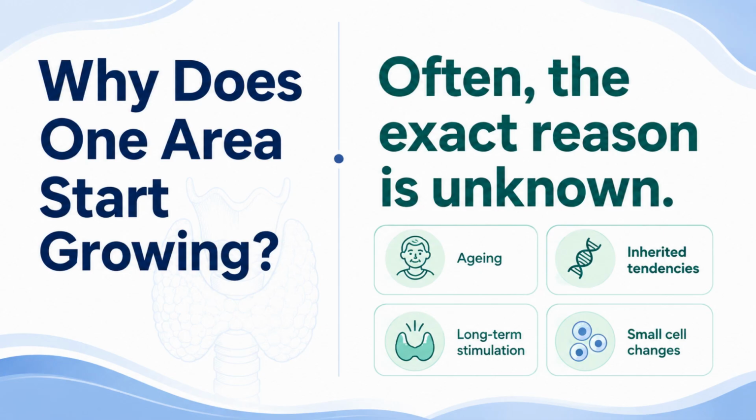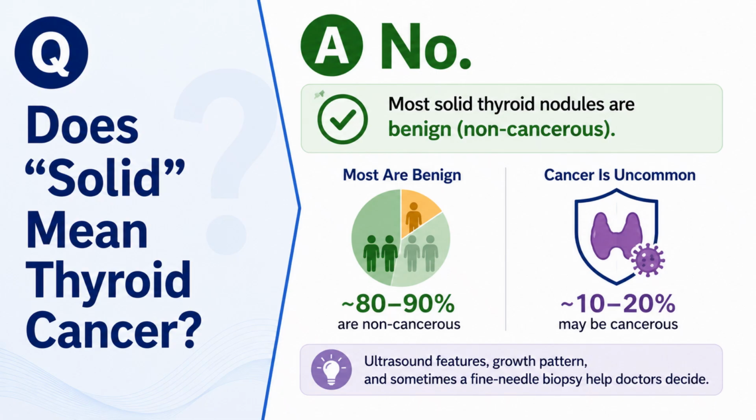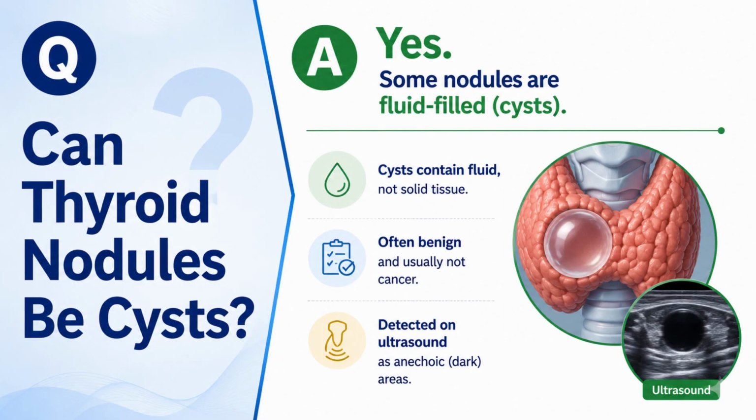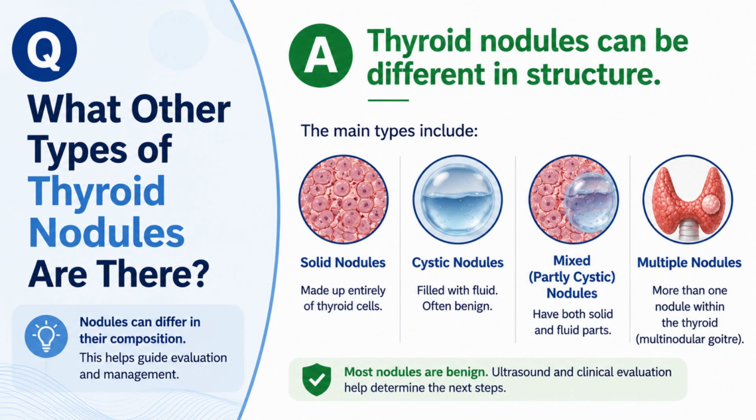The key message is this: the word solid describes what the nodule is made of. It does not automatically mean thyroid cancer. Many solid thyroid nodules are caused by benign tissue growth. A solid nodule may remain stable for many years. However, some solid nodules gradually change, break down, or develop fluid inside them.